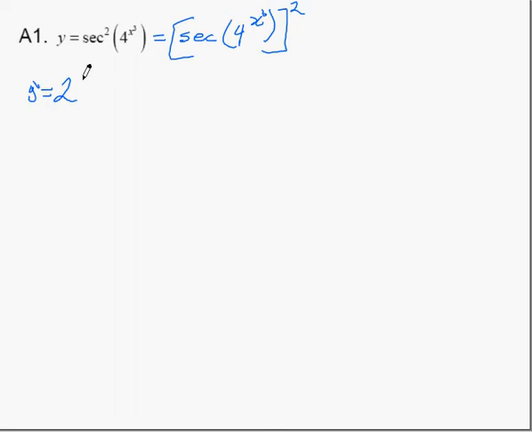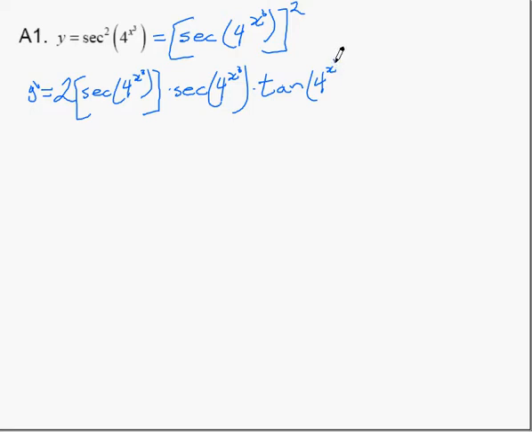is going to be 2, keep the bracket the same, multiply that with the derivative of what's in the bracket. The derivative of secant is secant 4 to the x cubed tan of 4 to the x cubed, and again, next step of the chain rule, times the derivative of this part that didn't change.